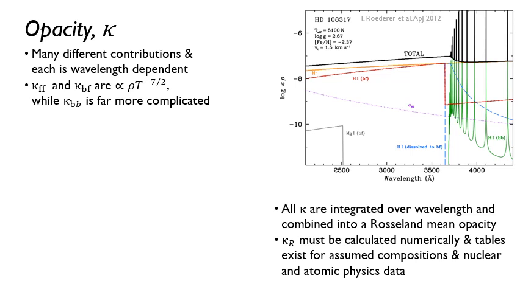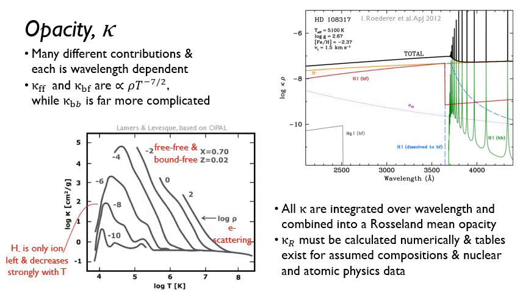First, these opacities are wavelength dependent, as you can see in the plot in the upper right. So you can integrate these over wavelength, and then you combine the various opacities into a so-called Rosseland mean opacity. This has to be calculated numerically, and tables exist to do this for assumed compositions, and assumed nuclear and atomic physics data, so you can download these.